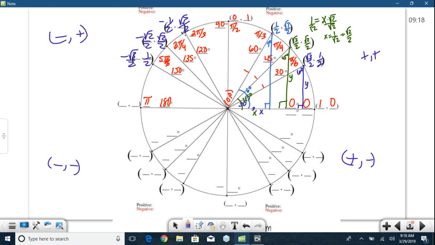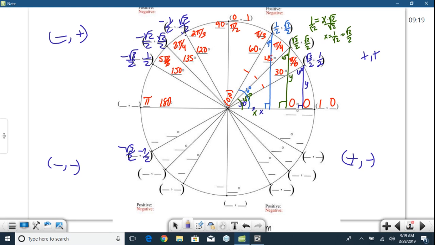Straight across, change the signs. Okay? Because everything is mirrored from the first quadrant. Now, if I want to fill in this one, it forms a straight line to that coordinate. So it's the same coordinates, just change the signs. So this one down here would be negative radical 3/2, negative 1/2.